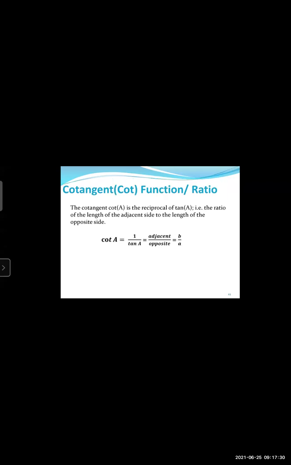Okay, and similarly, cot is the reciprocal of tan, that is the ratio of the length of adjacent side to the length of opposite side. So first we write cot A is equal to 1 by tan A, and tan is equal to opposite side to the adjacent side. So take its reciprocal, that is adjacent upon opposite side.